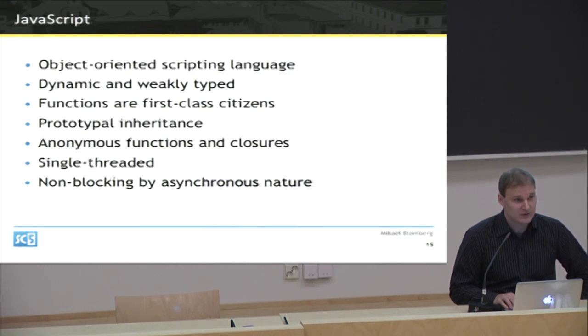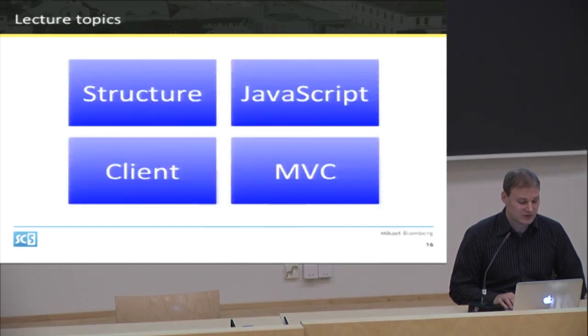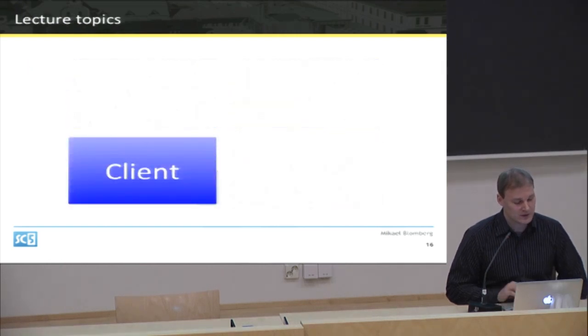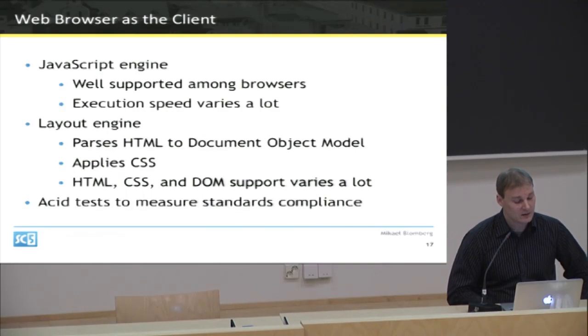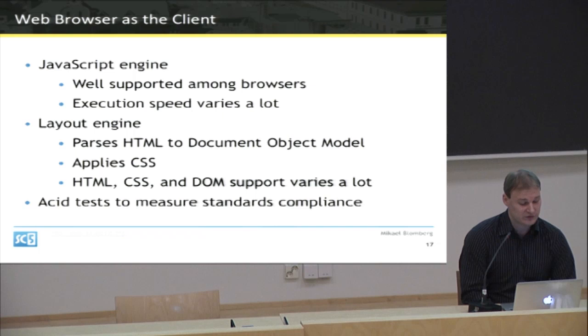When you think about it, it doesn't make sense because everybody says JavaScript is slow. But the fact is, it's not JavaScript that is slow, it's the client. And in this case, the web browser is the client. The reason why JavaScript engines or JavaScript in general are considered slow is because of the document object model.